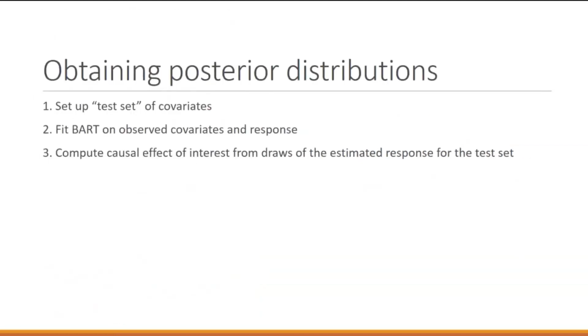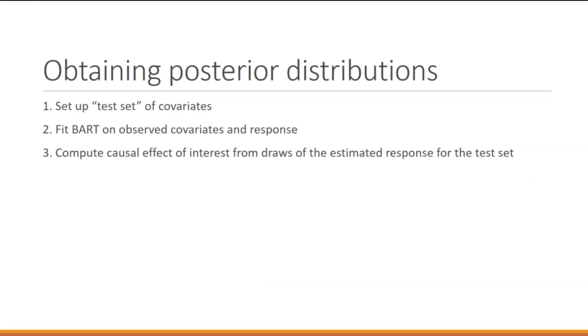And then in terms of obtaining posterior distributions, it's a fairly straightforward process. So you first set up a test set of covariates, which is then going to be the procedure will provide draws from the posterior distribution for the response for all of the observations in your test set.